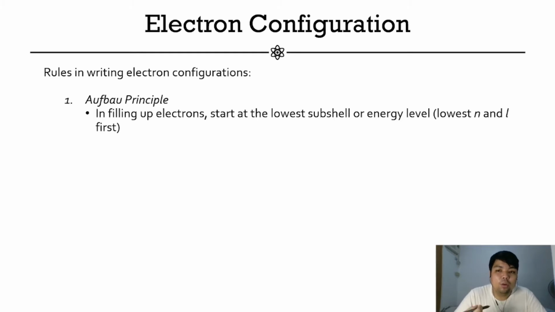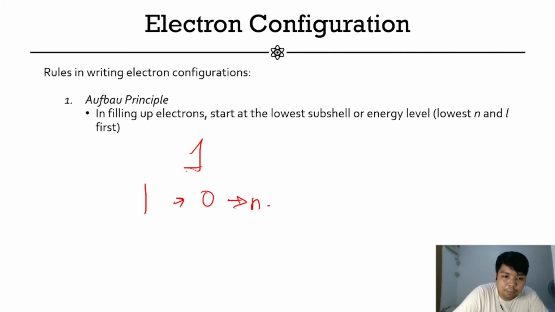Obviously, in every element, the first one that will be occupied is the first energy level, and the orbital with the lowest value of l, since l can have values from 0 to n minus 1.